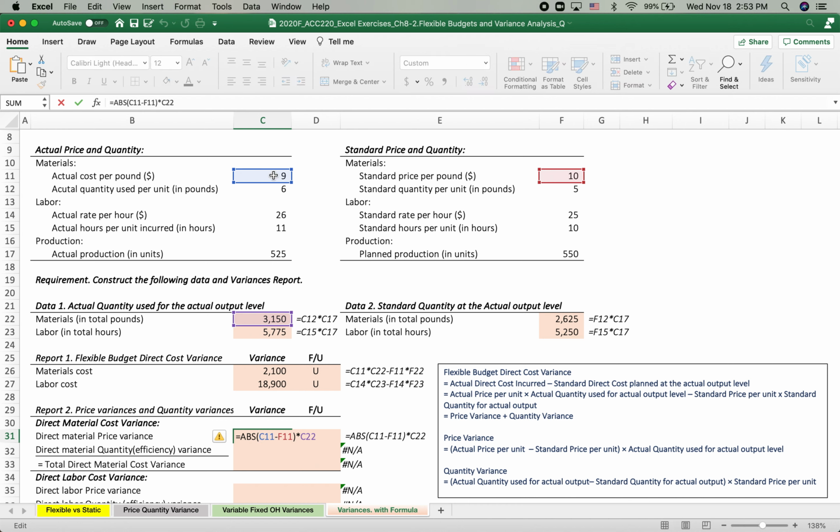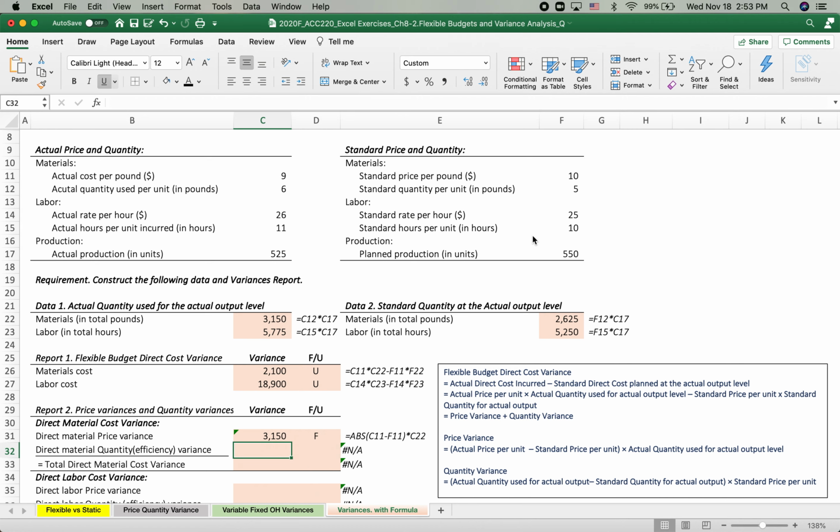Again, why? Because $9 per pound is lower than the standard price. Okay. Then direct material quantity or efficiency, how do you calculate it? The same way. Now we use this ABS. The difference of the actual quantity and the standard quantity, total pounds.